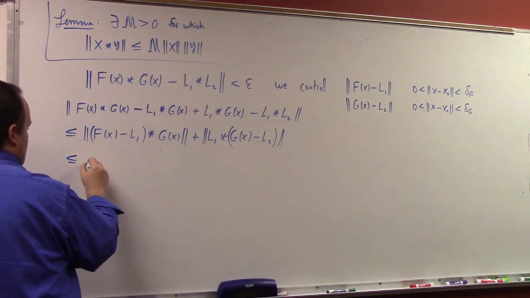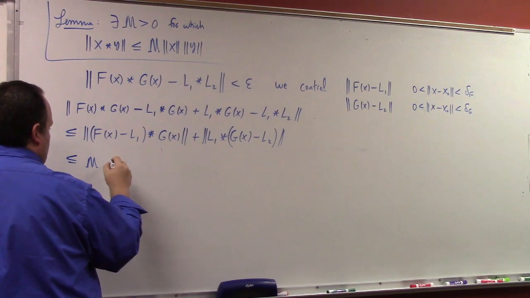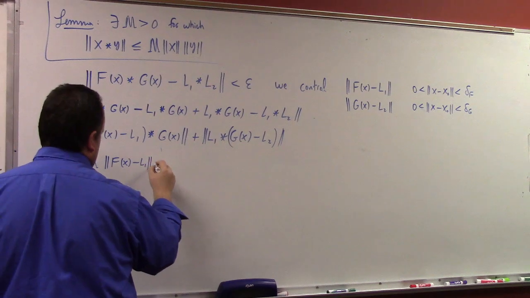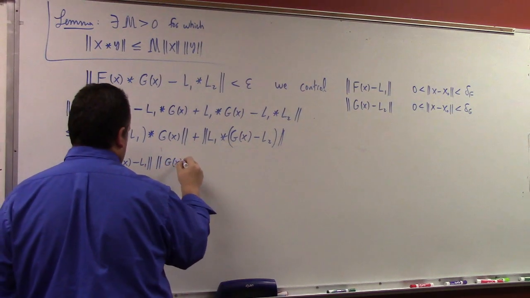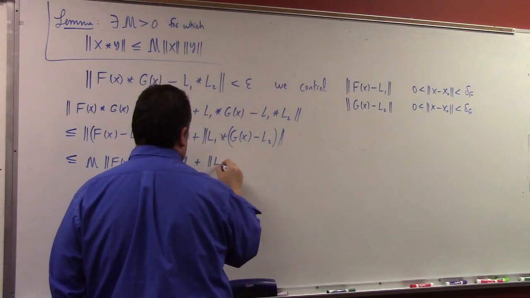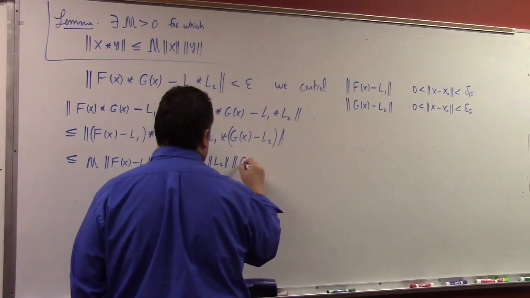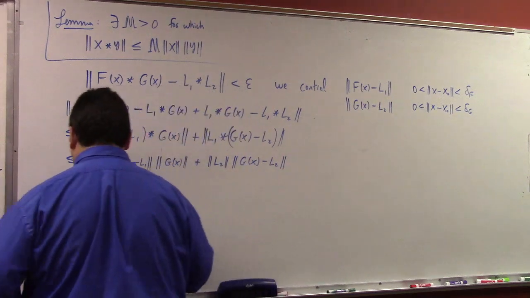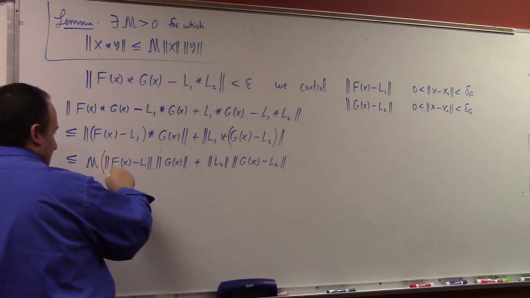That's less than or equal to the big M times the norm of f of x minus L1 times the norm of g of x, plus the norm of L2 times the norm of g of x minus L2. Let me put some parentheses in here.